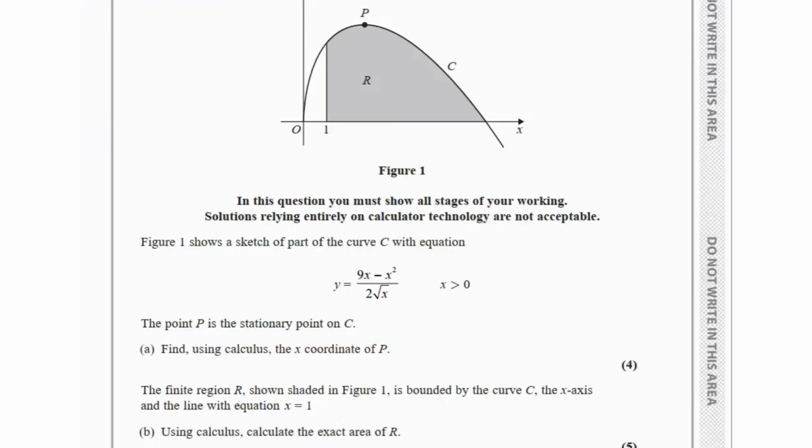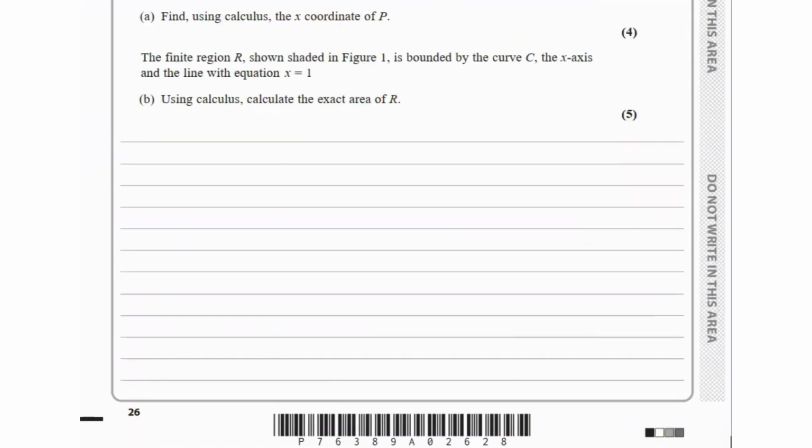So for that, we just differentiate the equation, put it equal to 0, and find the x value of P. So what we'll do is y is equal to 9x minus x squared over 2 root x.